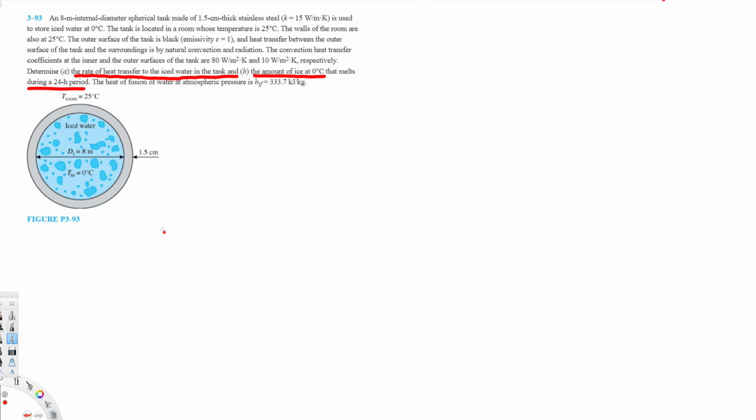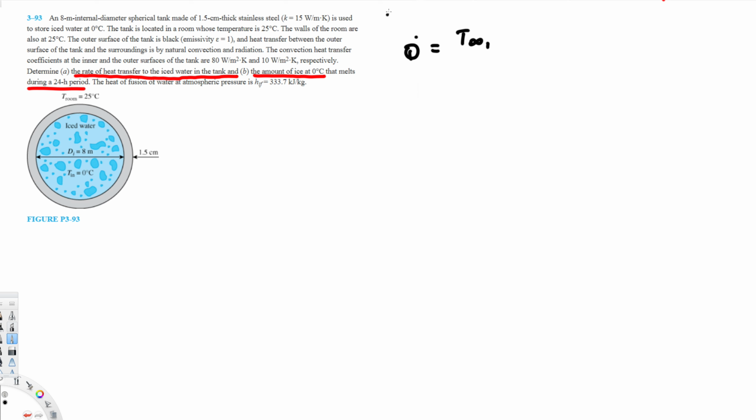Now let's go ahead and do the first question, that is the rate of heat transfer to the iced water in the tank. To find the heat transfer rate, we use this equation. Q dot is equal to T infinity 1 minus T infinity 2, divided by R total.